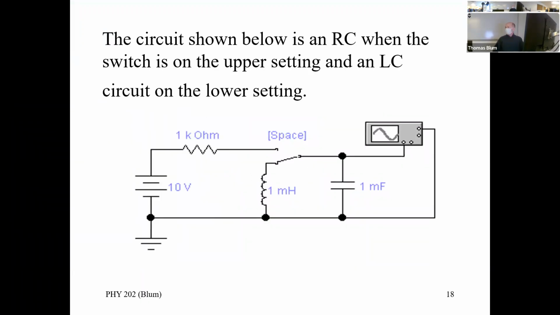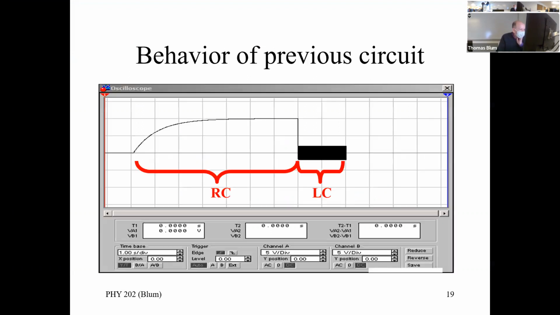Okay. So the up part for this circuit is just an RC circuit, and we've done that before, and we're not going to do it again. But the down part, so here's the RC part of the circuit, which you know what that looks like. And then here's the LC part of the circuit, the inductor and the capacitor.